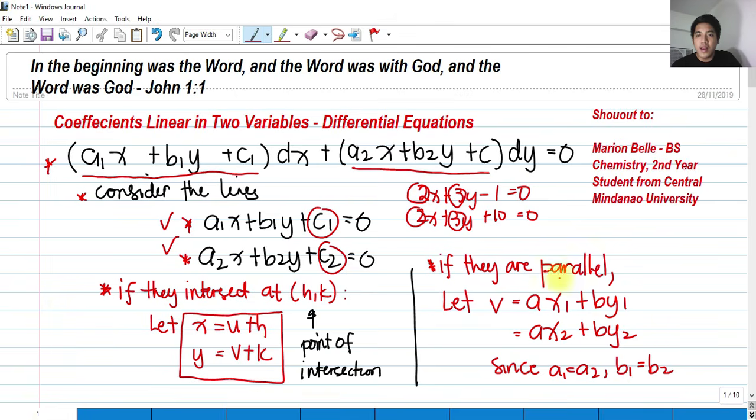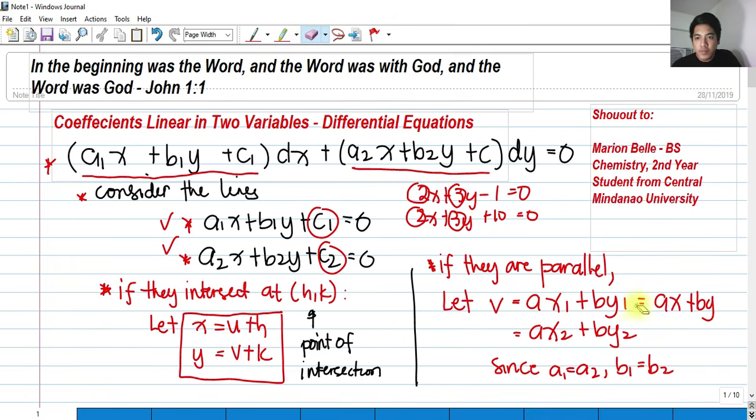So if they are parallel, we will be using this substitution. Let u equal a sub 1 x plus b sub 1 y, or a sub 2 x plus b sub 2 y, or simply, we are going to use ax plus by, since a sub 1 and a sub 2, b sub 1 and b sub 2 are all equal.